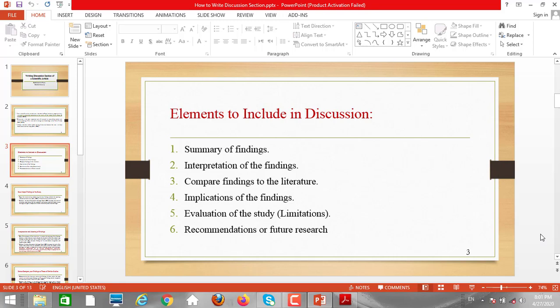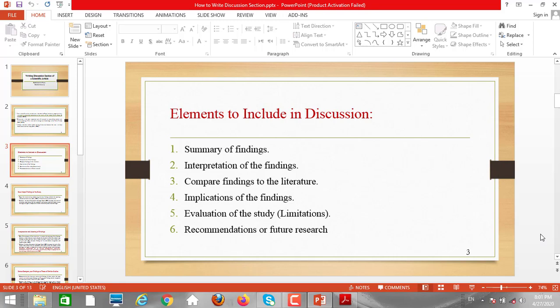Okay, when you're writing the discussion section, it's important to know what to include. So there are six major elements to include in the discussion.